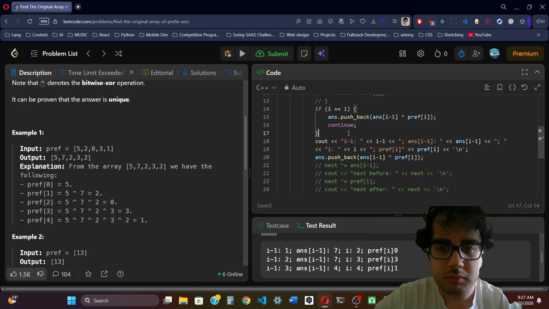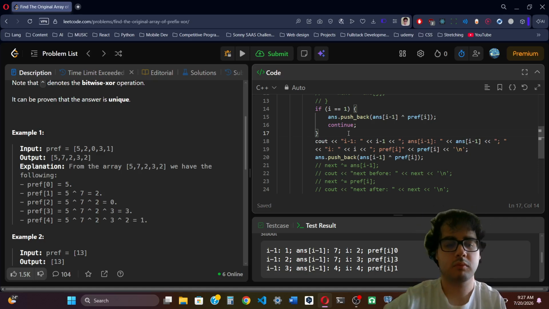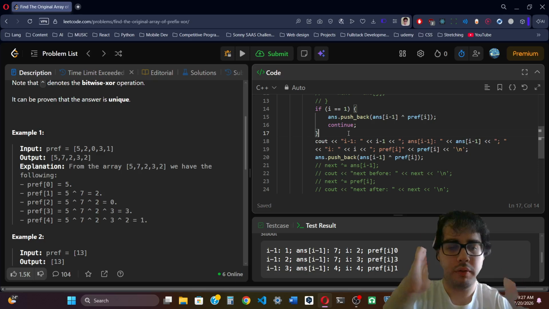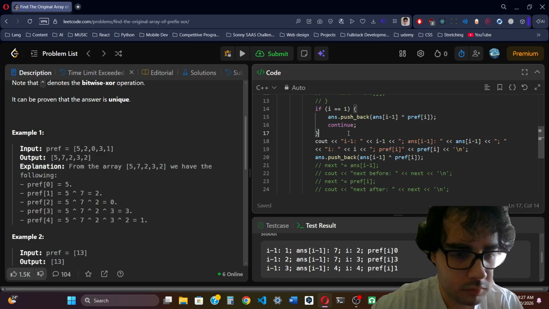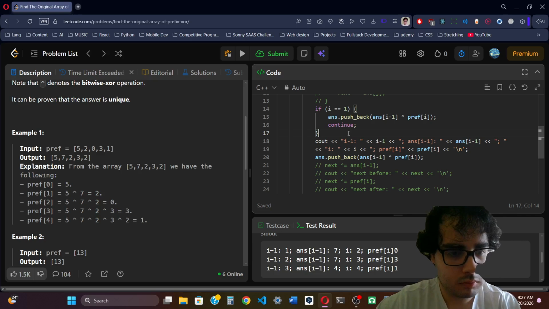5, 7, and 2. Which one of these when you XOR to this equals 0? No, actually I just need to XOR 0 is 2. Then 0 XOR 2 is 3.